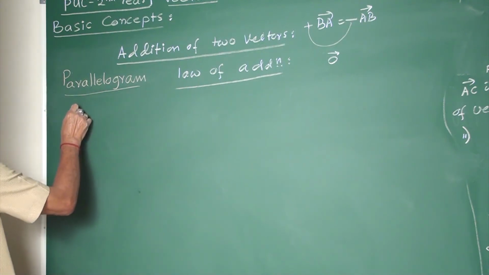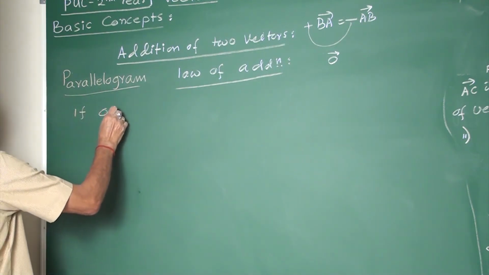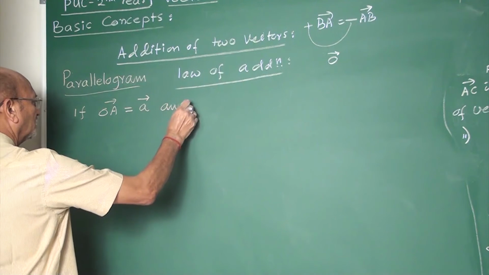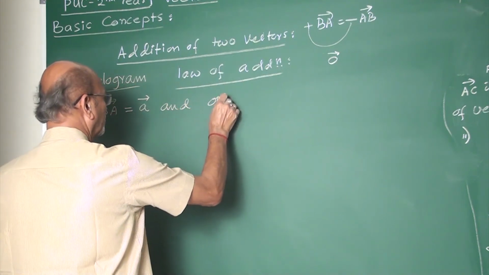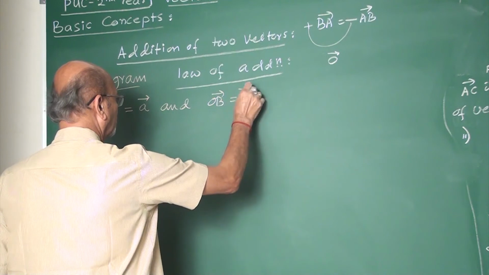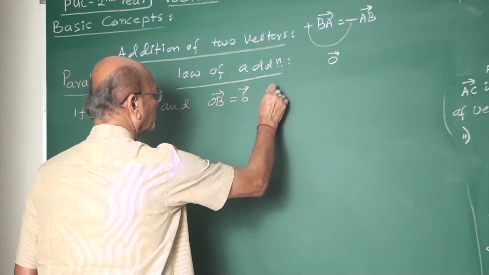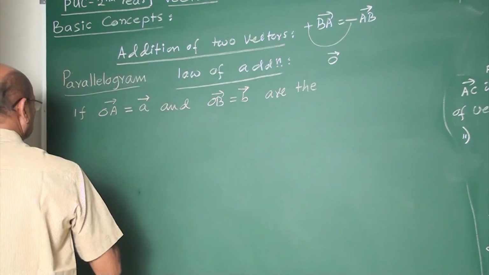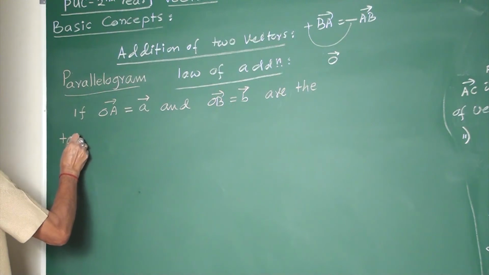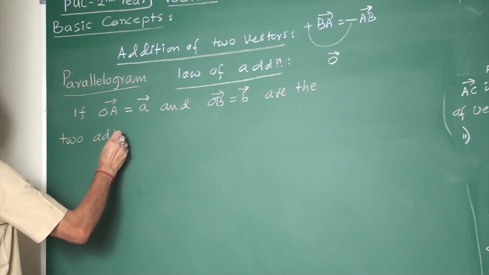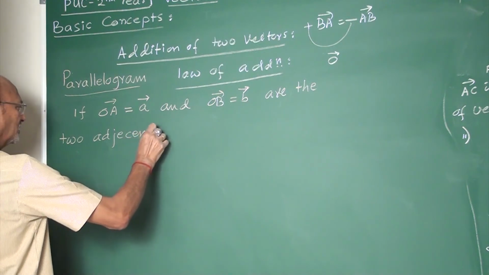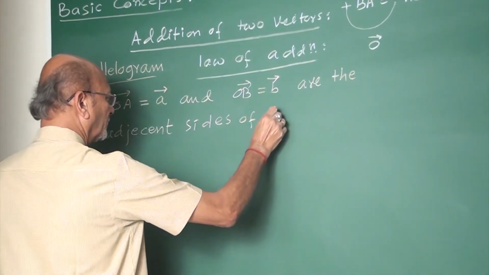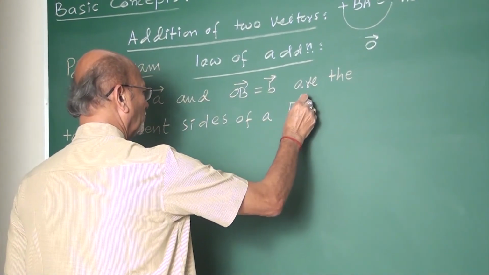If vector OA is taken as vector A and vector OB is taken as vector B, are the two adjacent sides of a parallelogram, I write in symbolic, my friends.